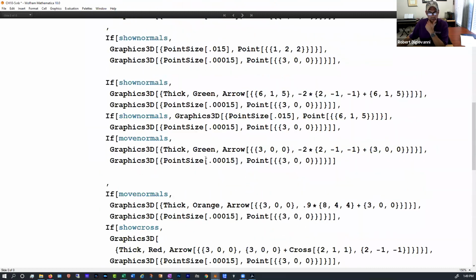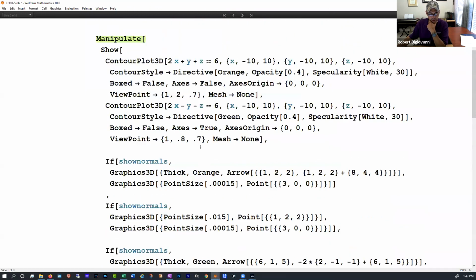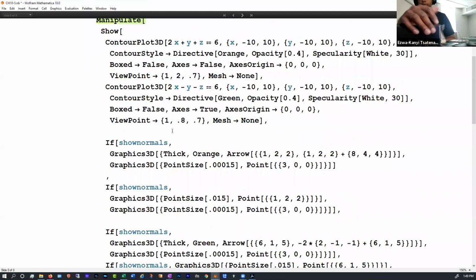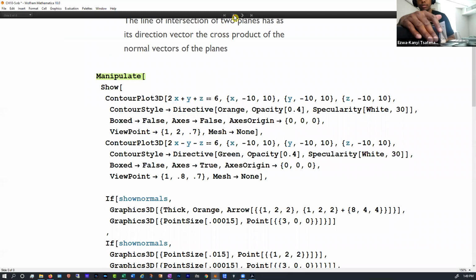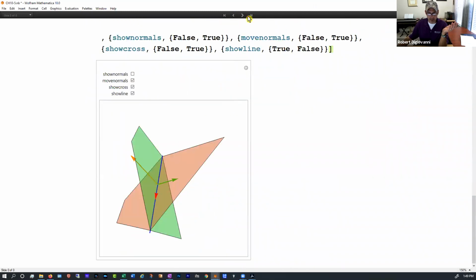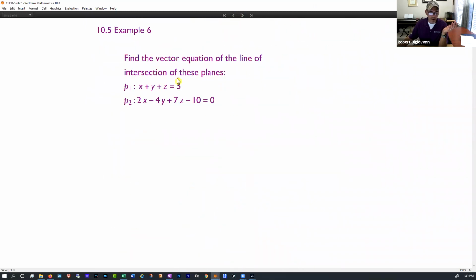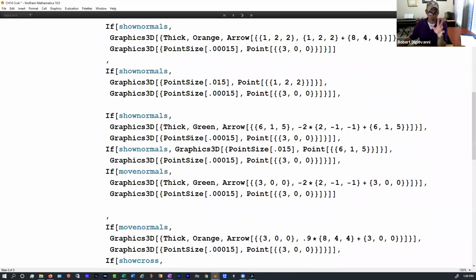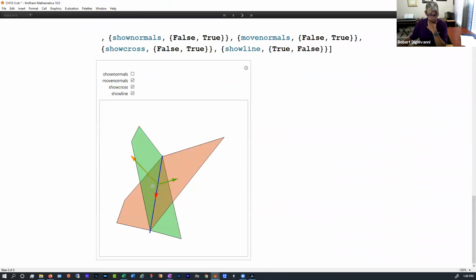I may have used a different one. 2x plus y plus z equals 6. That's not the plane we had, is it? No. Sorry, I thought I used the information from that example to do this problem, but it's not. They're 2 different planes. Never mind, I apologize.